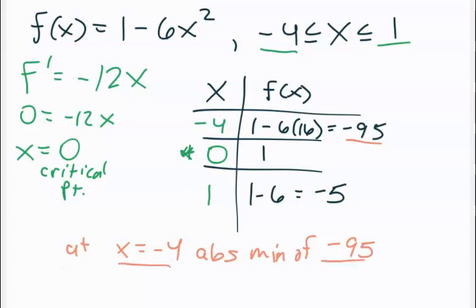And then we have an absolute maximum: the highest point in this whole thing is 0, 1. So at x equals 1, there's an absolute maximum of 1. This is the highest output out of negative 95, negative 5, and 1.